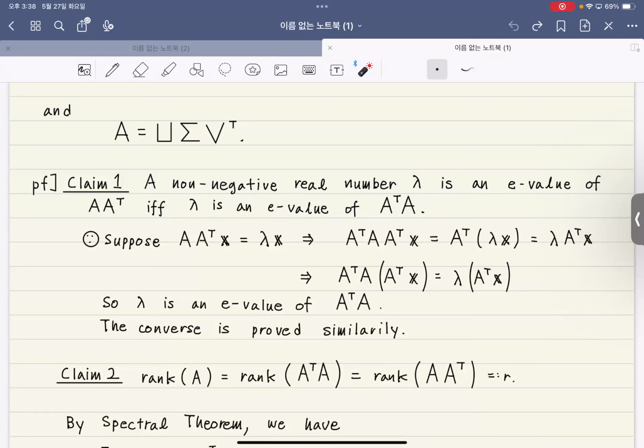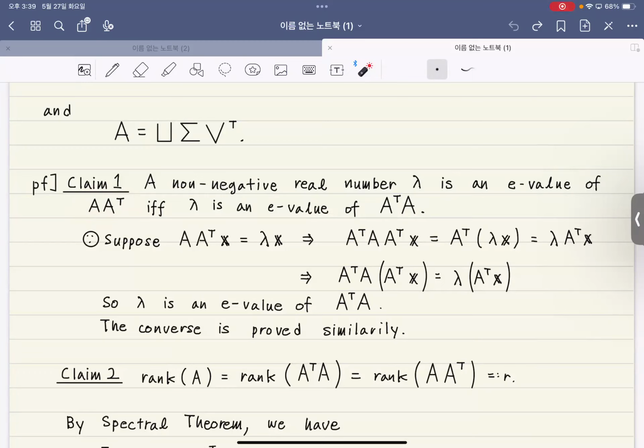If the matrix A is not a full rank matrix, then the quadratic form, X transpose A transpose A X, might be 0 for some non-zero vector X. Because if your matrix A has some non-trivial null space, then you can plug in non-zero vectors X whose answer equals 0.